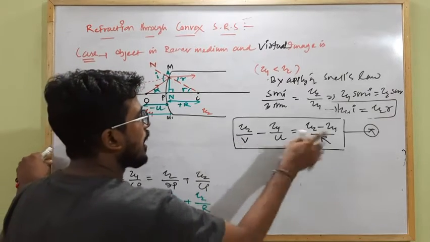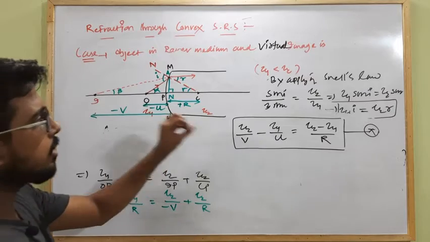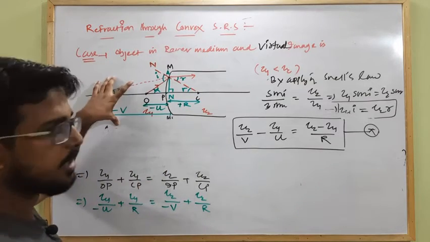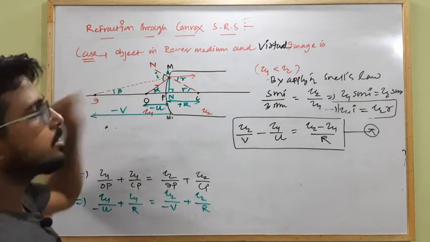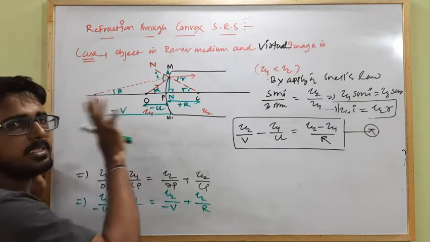Okay, v, u, r are all taken according to the sign convention. Clear? So this is the condition when the object is in the rarer medium but the image is virtual, and the previous one is the case of object in the rarer medium and image real.